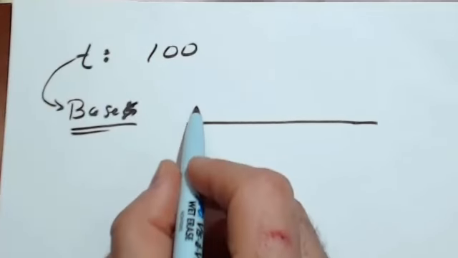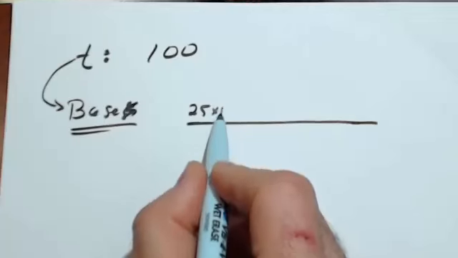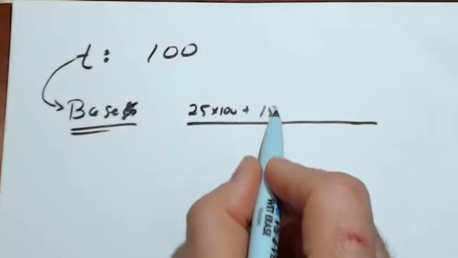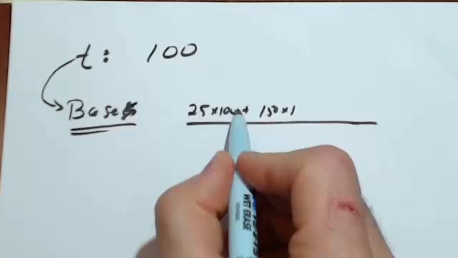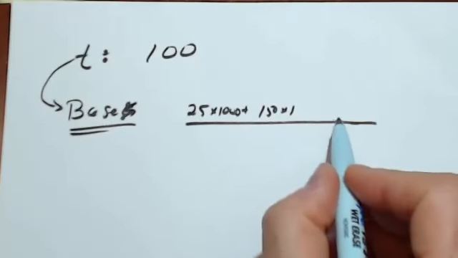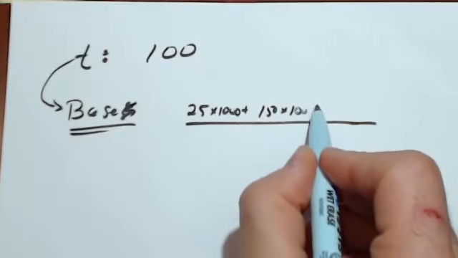So we're going to take 25 times 100, 150 times 1,000, 150 times 100.